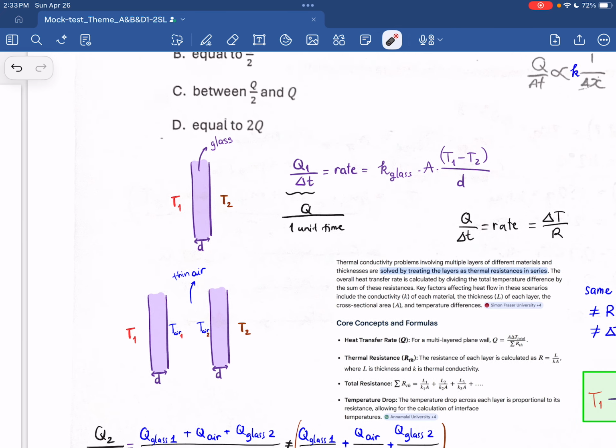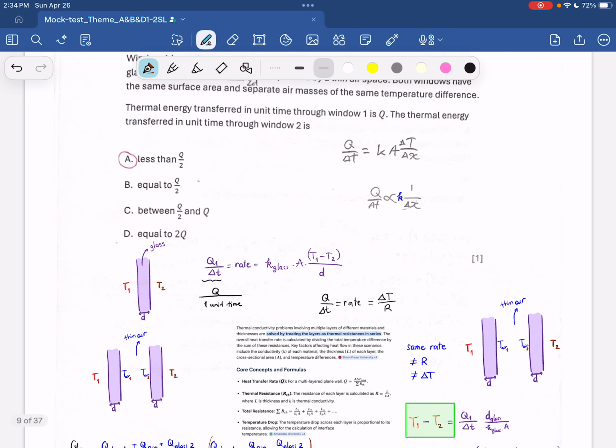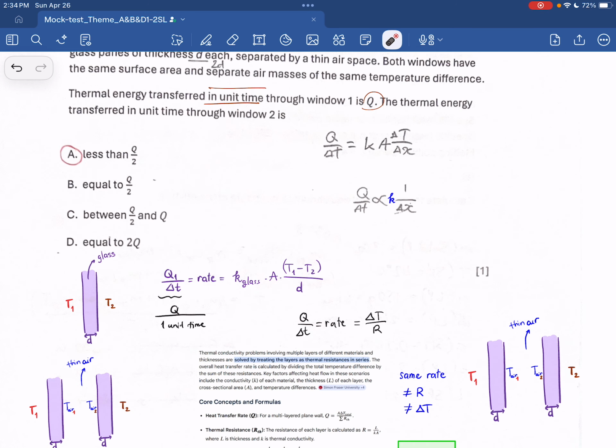Okay, so now they ask us to compare the thermal energy transfer in this case and how it compares to the first one. The keyword here is thermal energy transfer in unit time, which is Q. So basically the whole thing means Q per unit time.